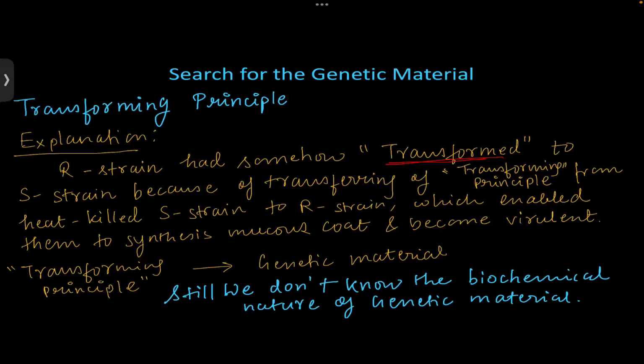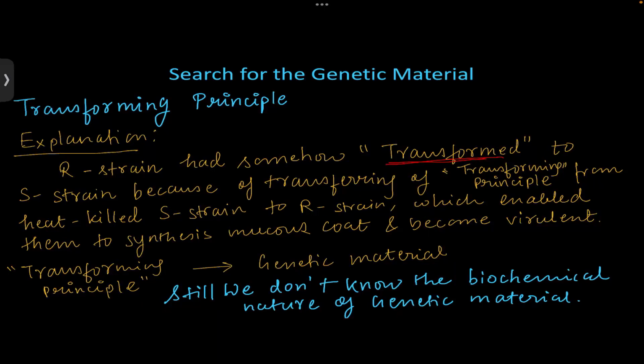So he's saying this live S strain bacteria are nothing but the live R strain bacteria which were given initially, but now these R strain bacteria had transformed themselves and became S strain bacteria.